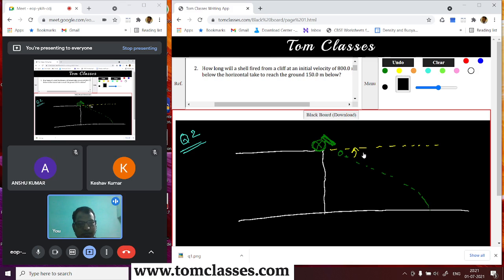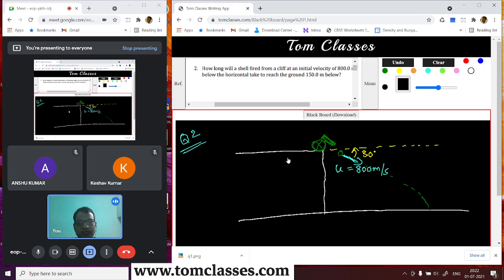So this angle is 30 degrees, and it has been fired with a velocity of u, that is 800 meters per second, right? It takes to reach the ground 150 meters below it.